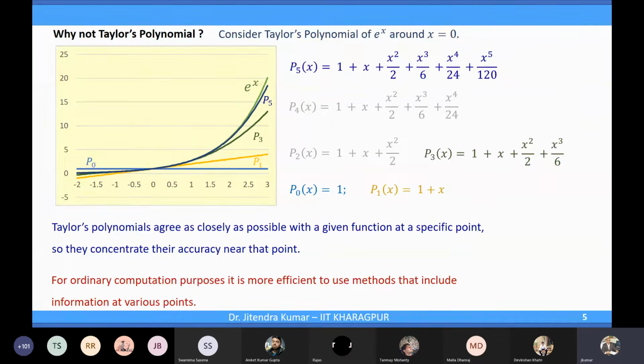We don't need all this information, the first derivative, the second derivative, and so on. We need only the function value at different points. So the two are completely different. The concept is different. The Taylor polynomial derivation relies on having information about various derivatives at one point, but in polynomial interpolation you need the values of the function at different points. So it is very different.